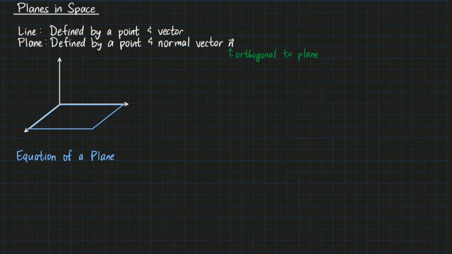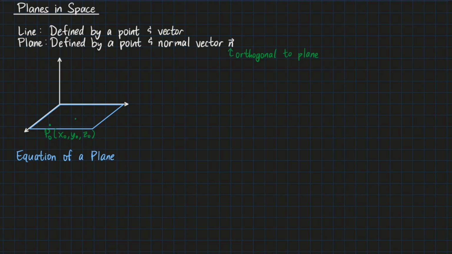Alright, so how do we come up with an equation of a plane? Let's take a look at the image in the middle where we have a plane represented by the four blue lines. So let's say we have a point on the plane, P0, and its coordinates are x0, y0, and z0. And we'll put another point on the plane.